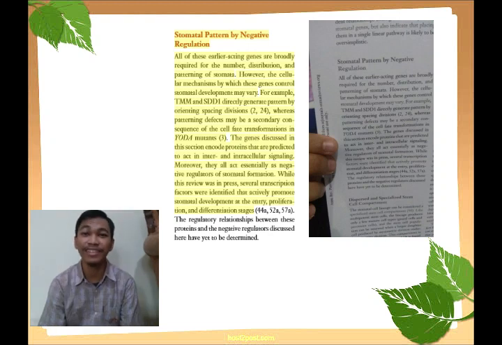For example, TMM and SDD1 directly produce patterns by orienting spatial division, while pattern defects may be a secondary consequence of transformation of cell fate in the Yoda mutant. The genes discussed in this section encode proteins that are predicted to act in inter- and intracellular signaling.